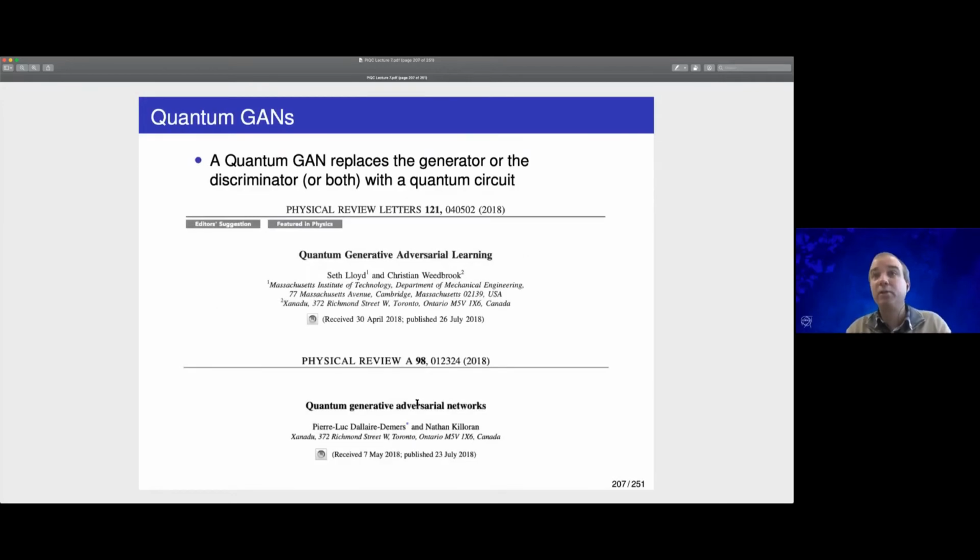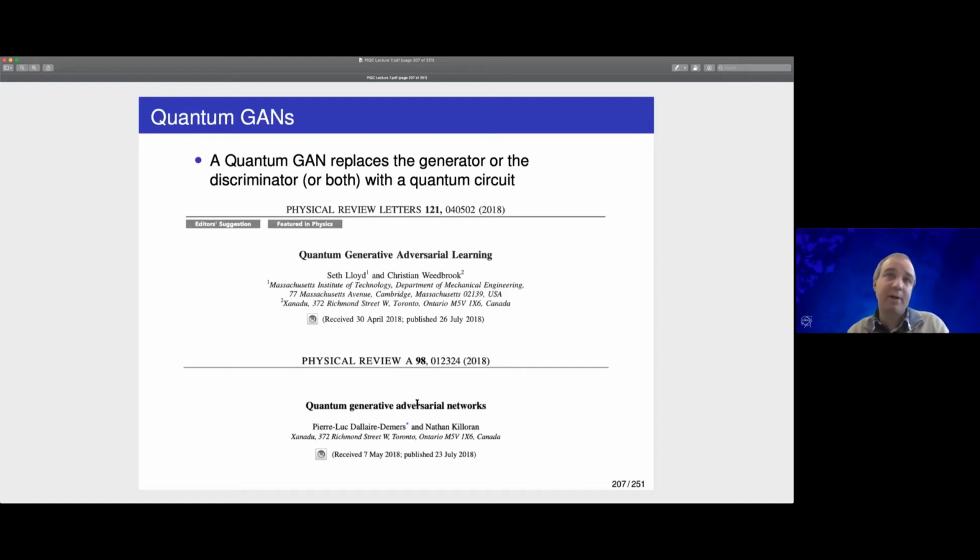So what we can do is to substitute one of these classical neural networks, or both, with a quantum neural network, a variational form of the kind that we were using last week for quantum classifiers, for instance, for quantum neural networks.